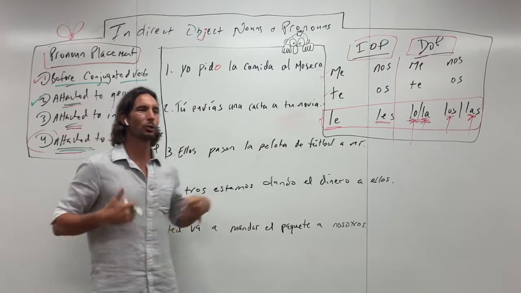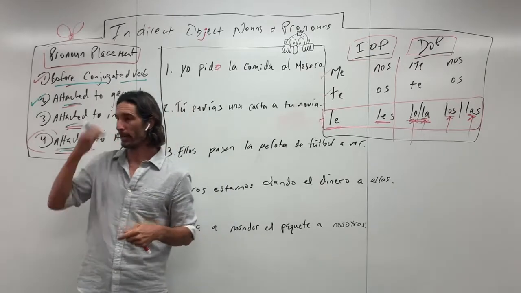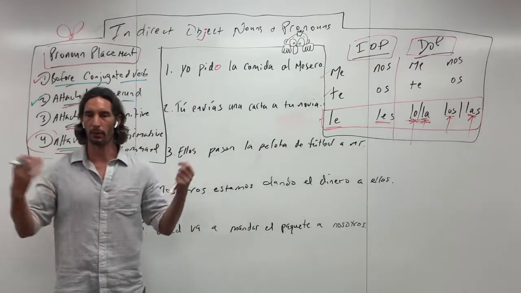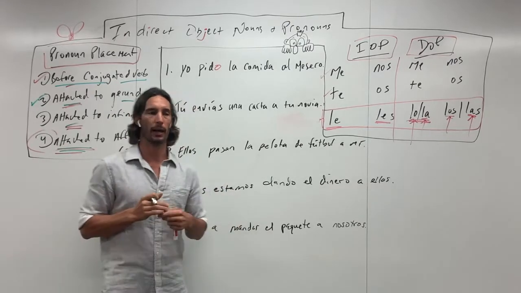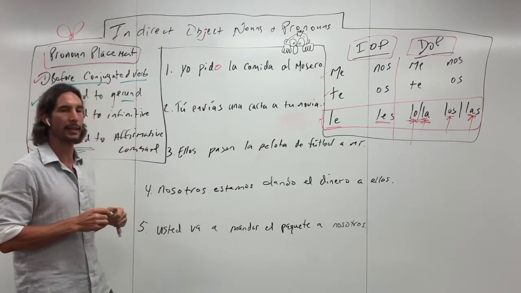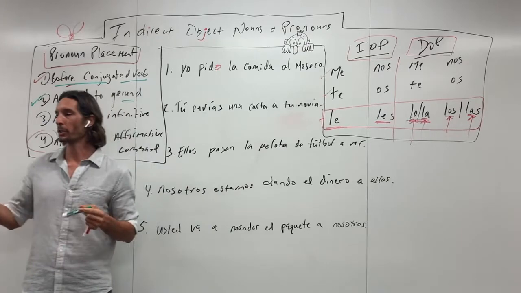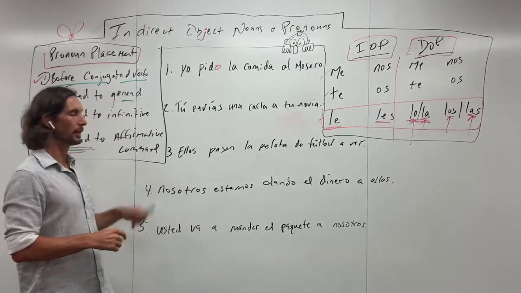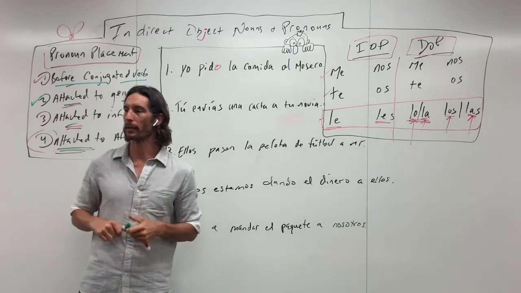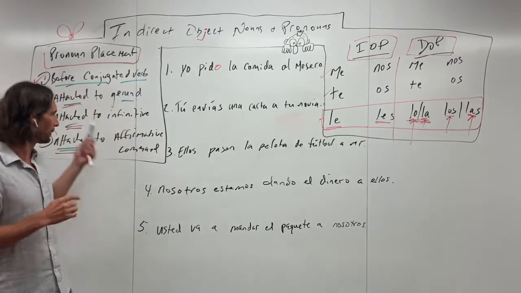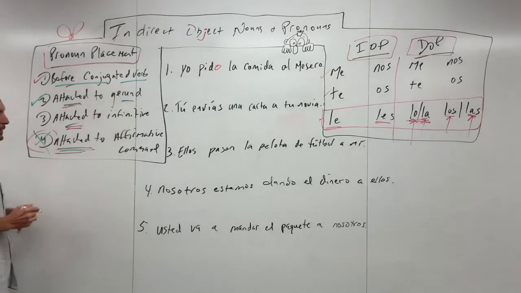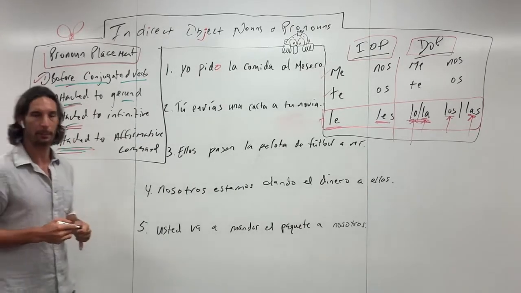Or escúchenme, like you guys aren't listening, say escúchenme. And so I put that me at the end. That's a formal you-all affirmative command, so an ustedes command. So escúchenme, right? And so I attach that pronoun to the end of that command. But anyways, those are the four places. And like I said, this one really isn't relevant for today, but it's worth having up there.